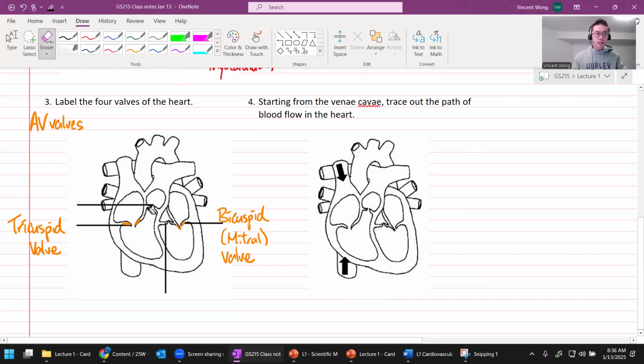At the entrance to the pulmonary artery, we have another valve right there. That is the pulmonary valve. And at the entrance to the aorta, you have the aortic valve. Does anybody remember what do we call them collectively?